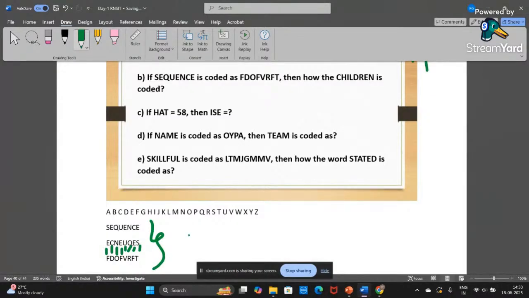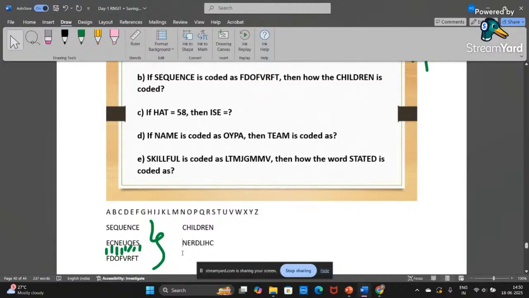Now we have decoded this. The same logic needs to be applied for the word children. First, you have to reverse the word children: NERDLIHC. That is the first step they have done here.